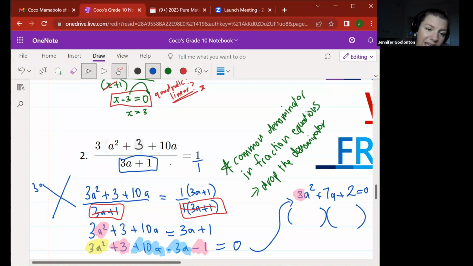So we're going to have a 3a, and then we're going to have an a. And now if I put my 2 there, 3a times 2, that's going to give me a 6a, which is what I'm wanting. And if I have a 1 there, that's going to give me an a, which is what I'm wanting. So I'm going to say 3a plus 1 and a plus 2, and that is going to be equal to 0.